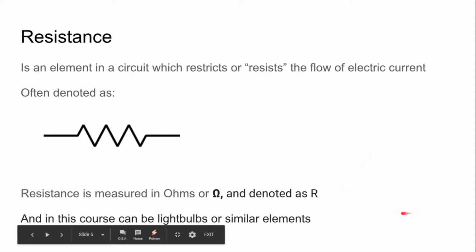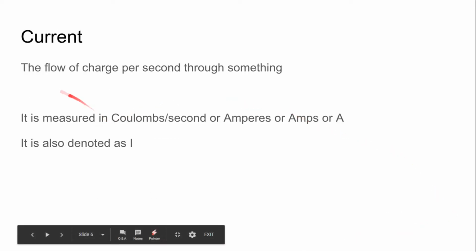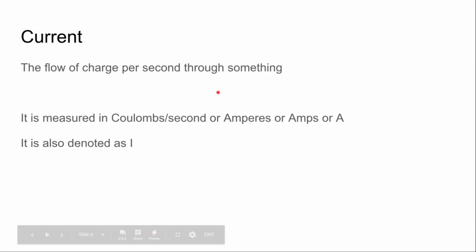And in this course, these can also be light bulbs or similar elements. So what is current? Electrical current is pretty much the flow of charge per second through something. It's usually measured in coulombs per second, or amperes, or amps, or A, and it's often denoted as I in terms of the circuit.